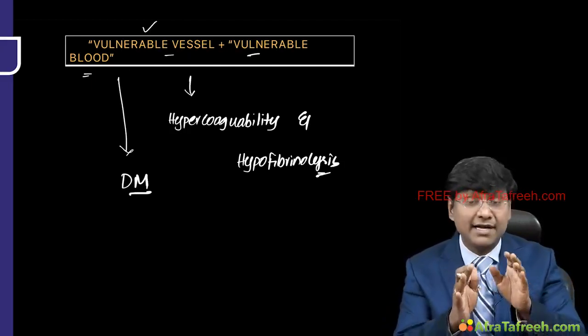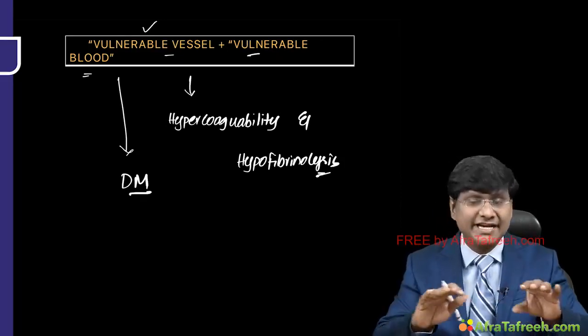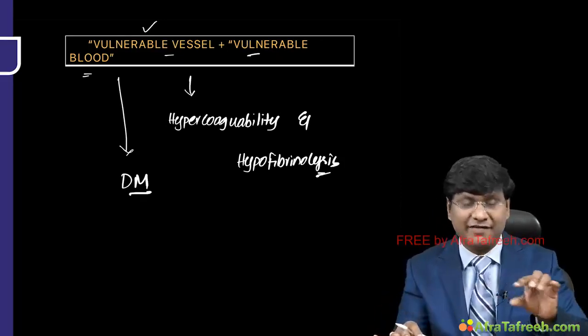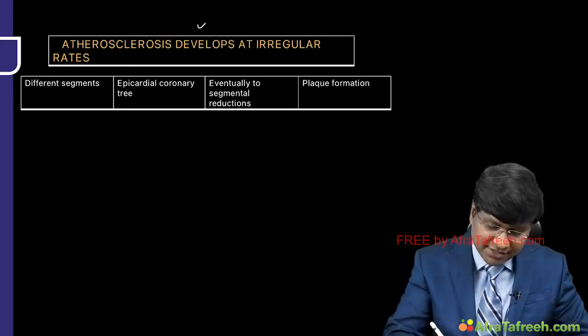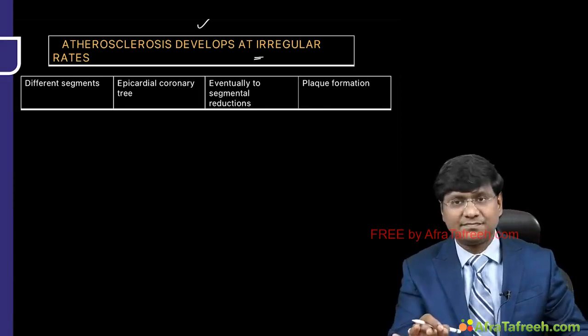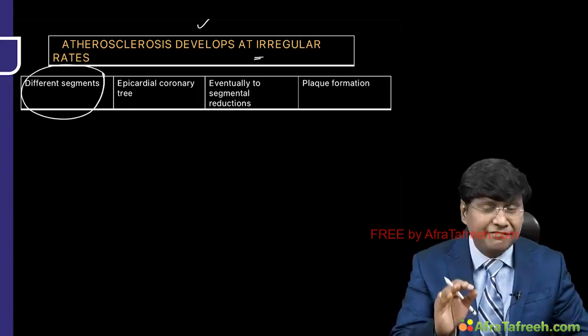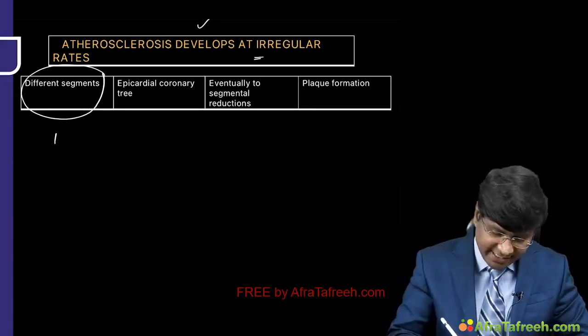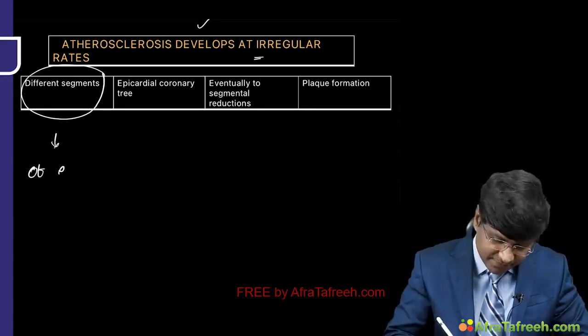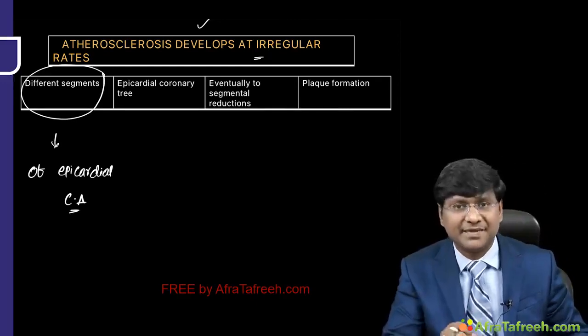And this particular atherosclerosis that is developing does not usually occur in a diffuse manner in a continuous fashion. This atherosclerosis develops at irregular rates. It occurs at irregular rates in different segments of the epicardial coronary tree.